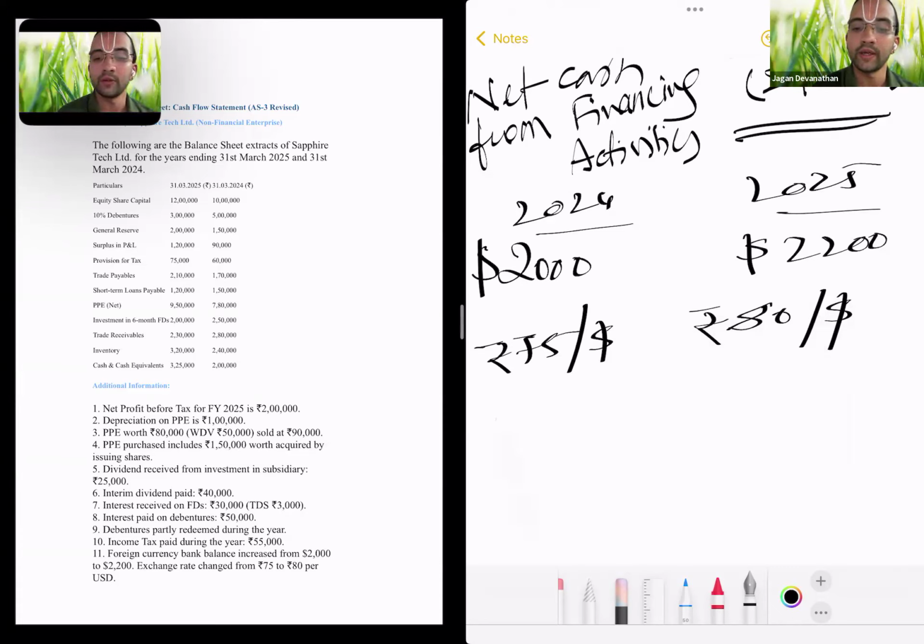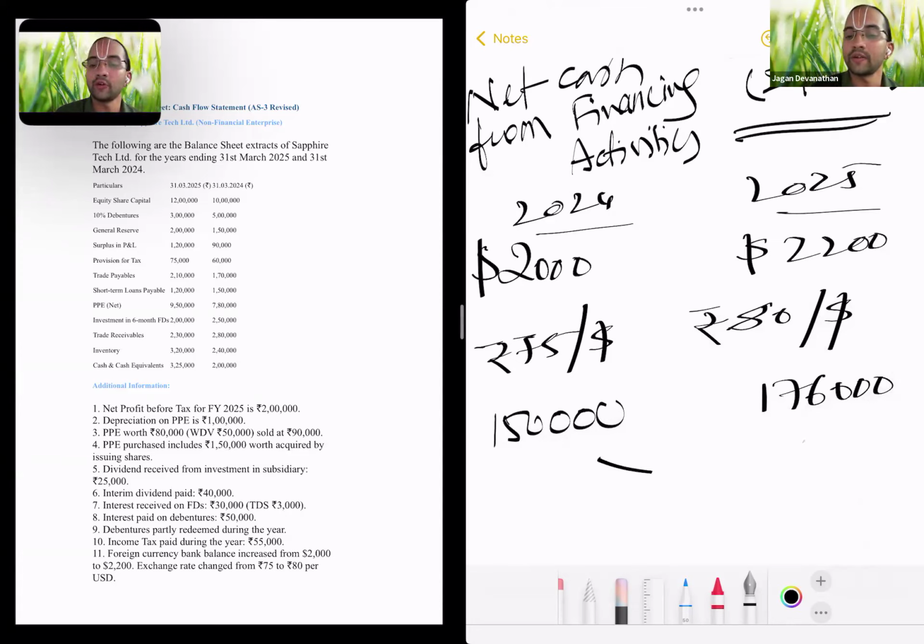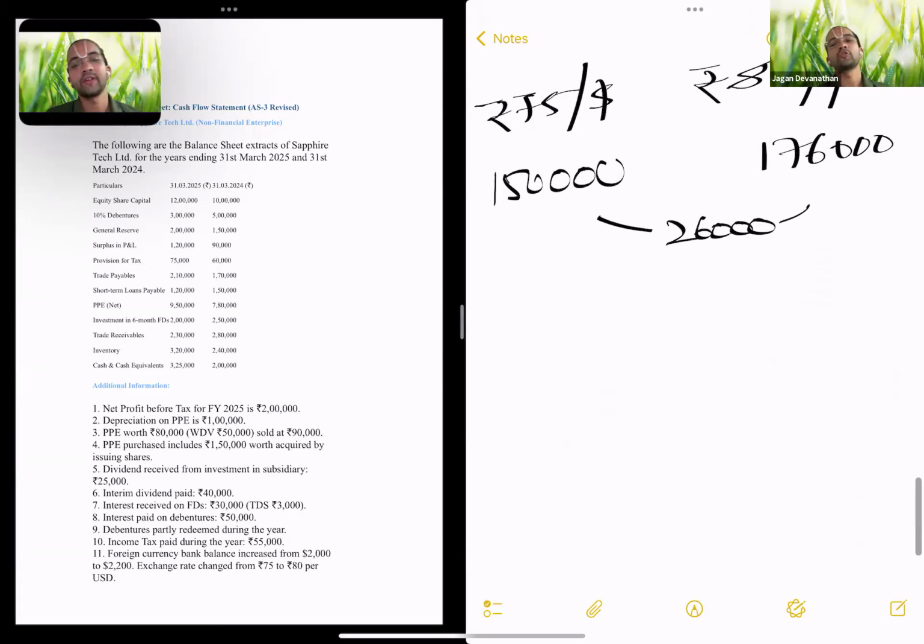If you multiply this, you get 1,50,000. If you multiply this, you get 1,76,000. So this net increase of 26,000 is included in cash and cash equivalents. If you see the cash and cash equivalents, it was 2 lakhs at the end of 2024. Now it is 3,25,000 at the end of 2025. So this 3,25,000 includes this 26,000. This is not a cash flow, so it's excluded from the statement and shown in the reconciliation note.